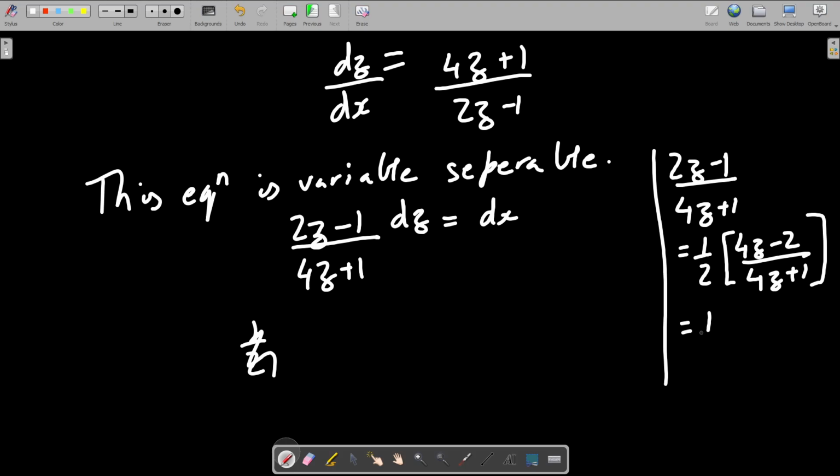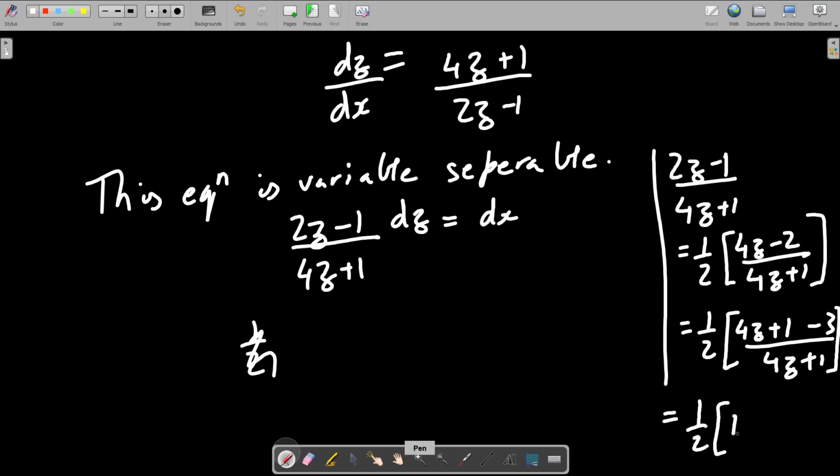So this can be written as half times 4z plus 1 minus 3 over 4z plus 1. Okay, so splitting those terms, you will be left with 1 minus 3 times 4z plus 1.